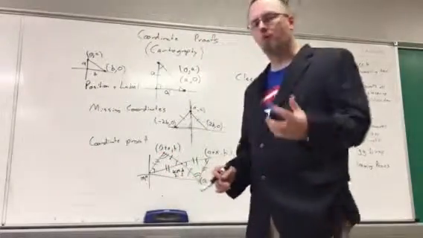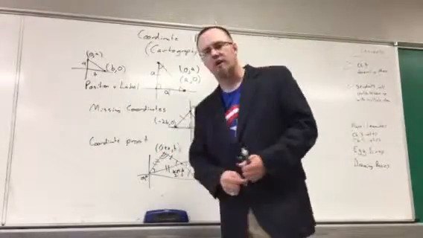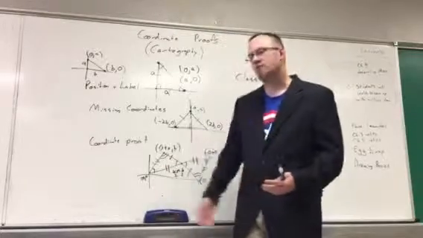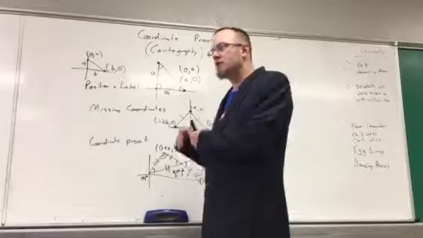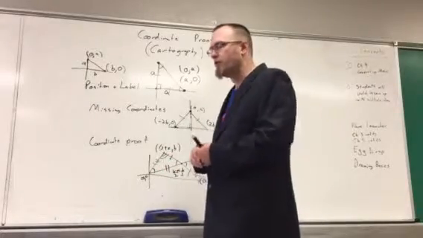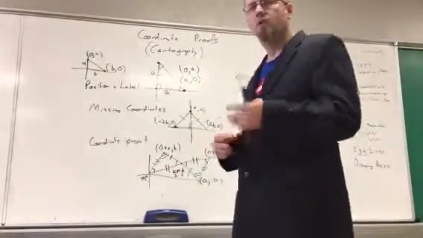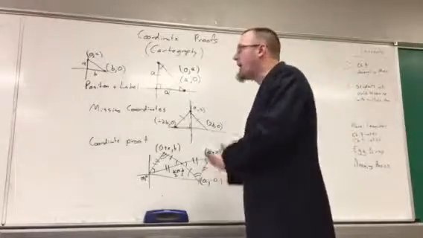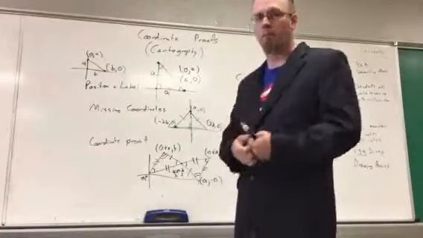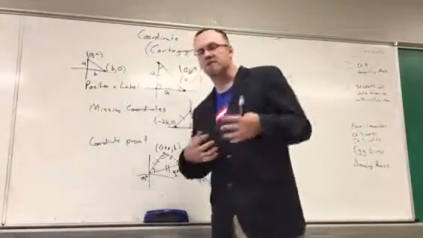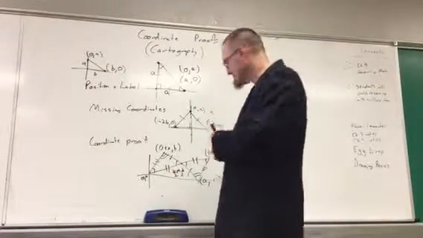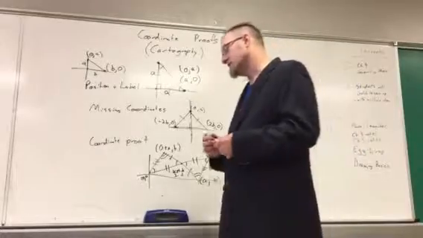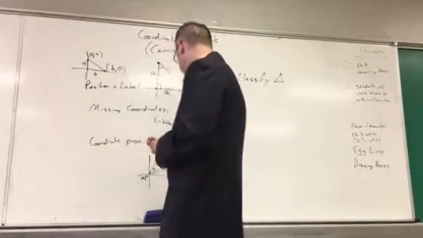So there's a number of different ways that you can go through this: side-side-side, side-angle-side, angle-angle-side, angle-side-angle. You could use any one of those to prove that these two triangles are congruent. You're just going to have to do it without the comfort of having those numbers. So as where in the last lesson we were on the coordinate plane, we have these numbers, this time we're trying to get it done without the numbers.